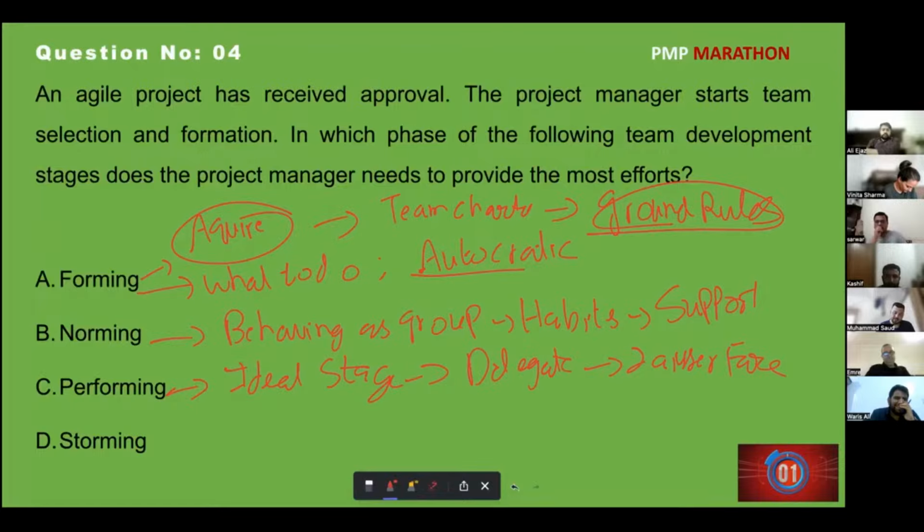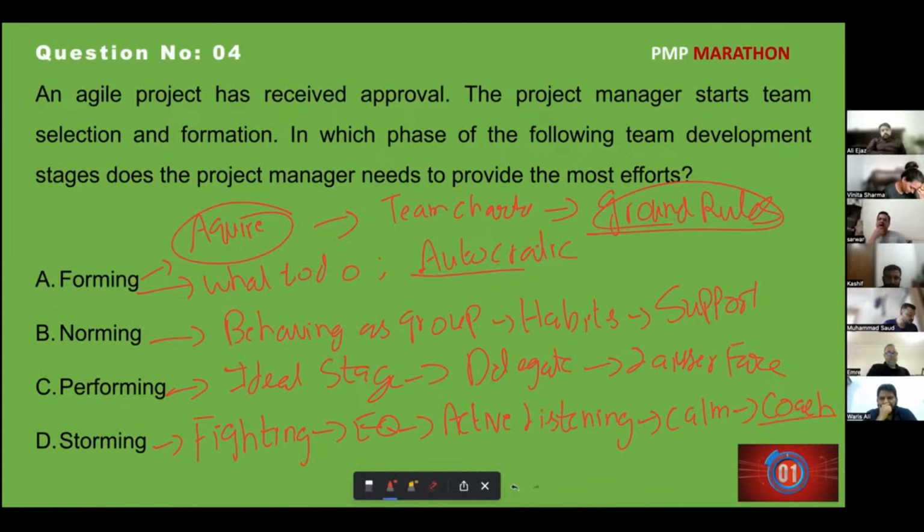Storming, here the team is fighting. You need to use emotional intelligence, listen to them, use active listening, handle conflict, and be very calm with them. You act like a coach or a servant leader here.